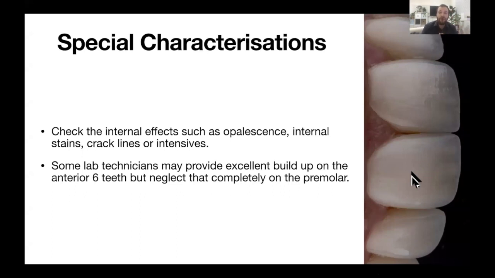So make sure to always give the premolars the same amount of care. Of course, it doesn't have the same characteristics and translucency as the centrals and laterals, but nevertheless, it has to have the same spirit of the whole smile.